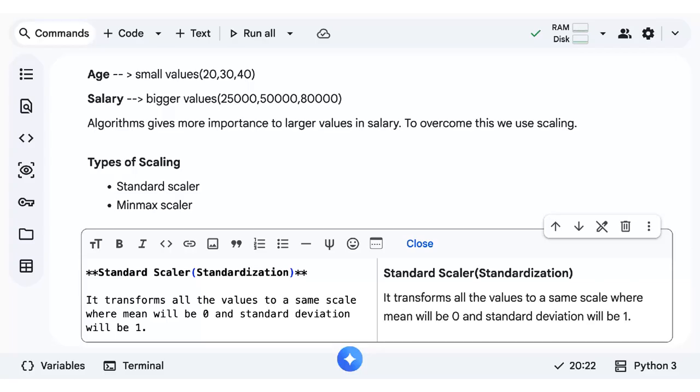What will be the formula? It uses a formula, okay? Standard scaler formula. You should have a knowledge of the formula as well.